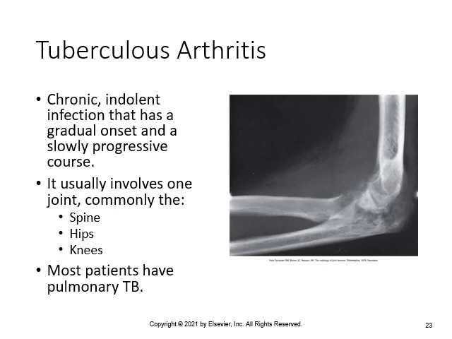So it's usually going to be one elbow, as in this case, not both. Usually the infection has had to run rampant for quite some time before it causes tuberculosis arthritis. So you'll find active tubercles typically elsewhere in the body along with the tuberculosis arthritis.